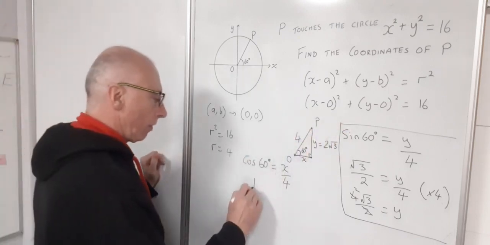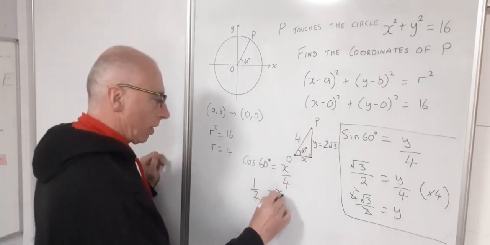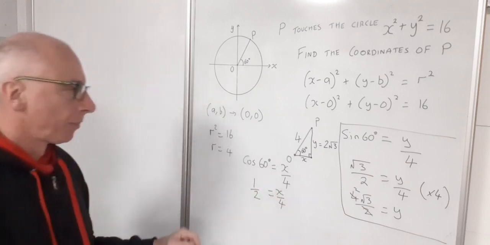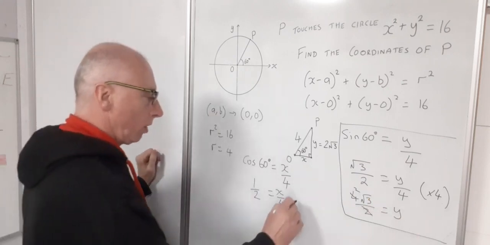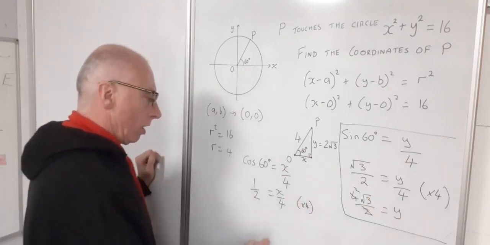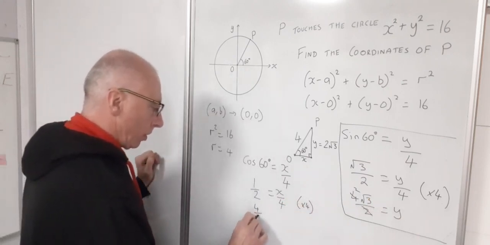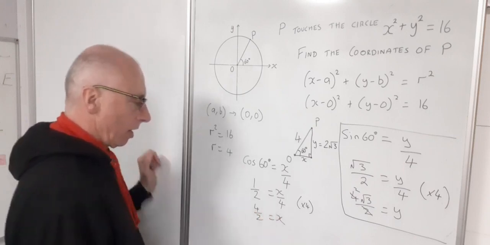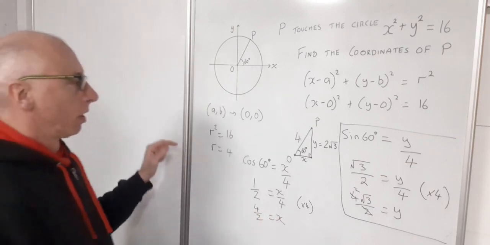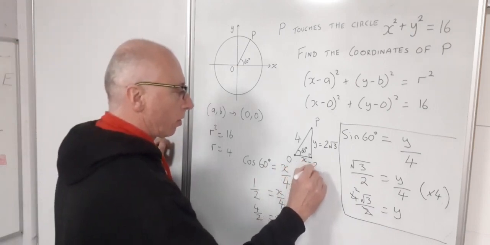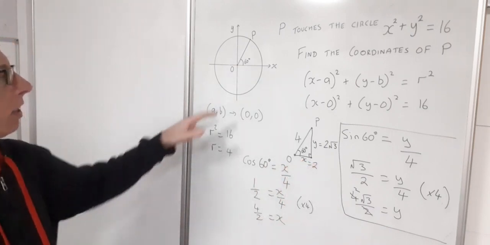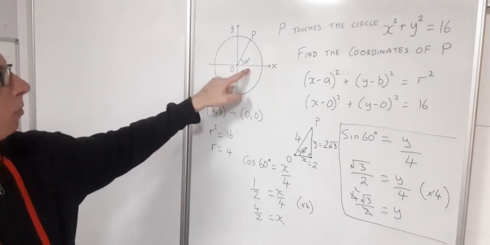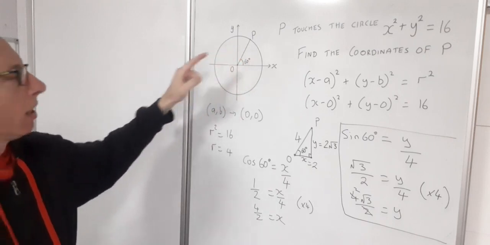So that is a half. So a half equals x over 4. As we did here, to get rid of this 4 on the bottom, multiply both sides by 4. So now we would get 4 over 2 equals x, and therefore we can see our x is 2. So x equals 2.